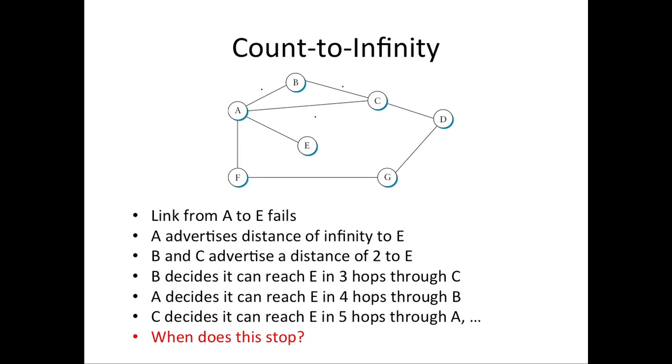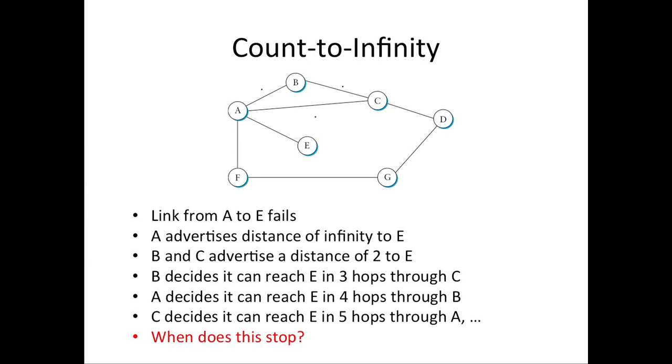So does this make sense intuitively? What we're saying is B learned that there's a way to get to E through A. A advertised saying, okay, B, you can get to E through me. That's what A said, right?